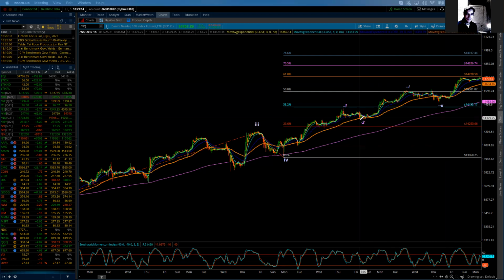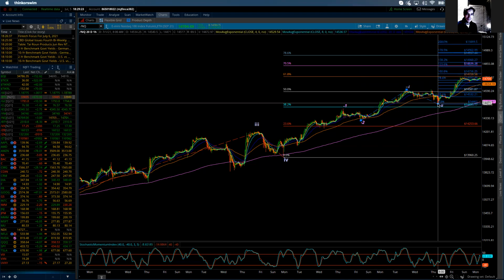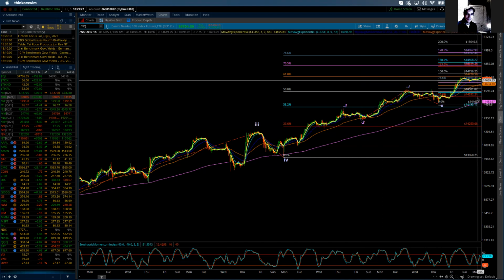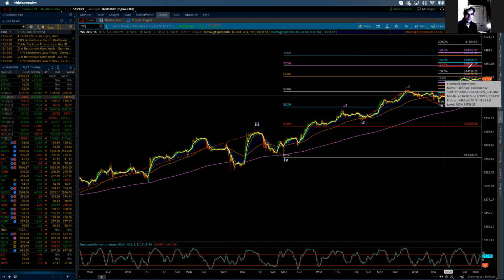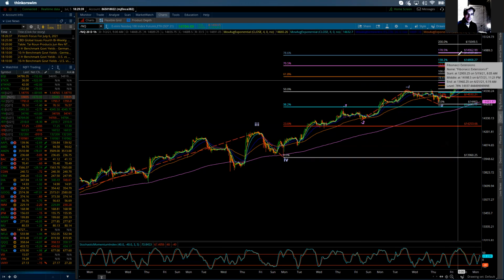And so I can do that by putting in additional Fibonacci extensions in place. And as we know, wave 3 most common would be like 1.618 of wave 1, 1.618 times the length of wave 1. And that comes in way up here at 14,937.